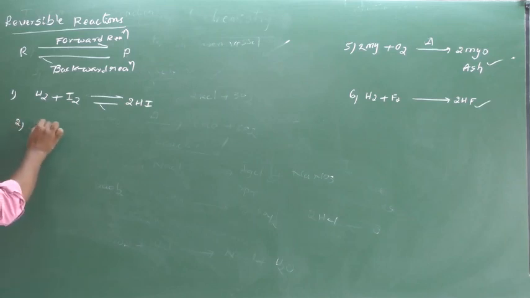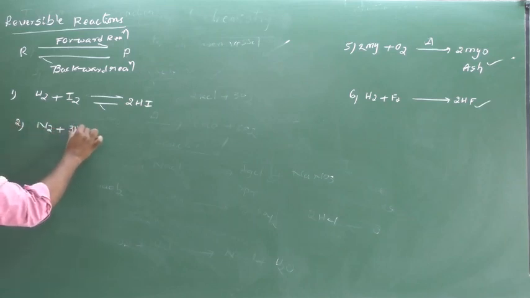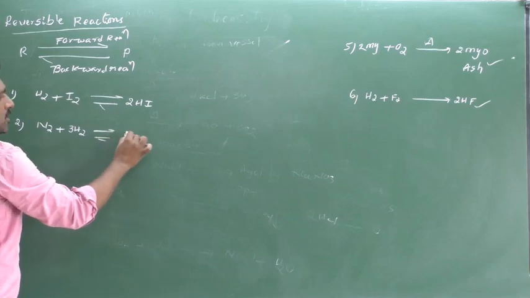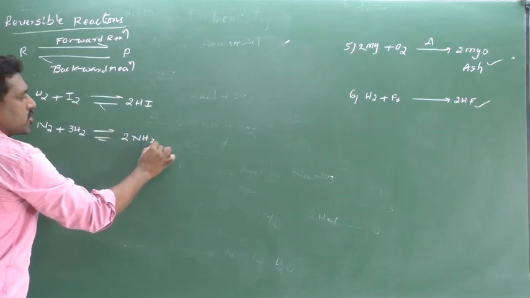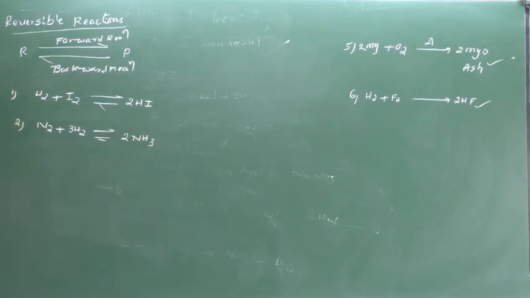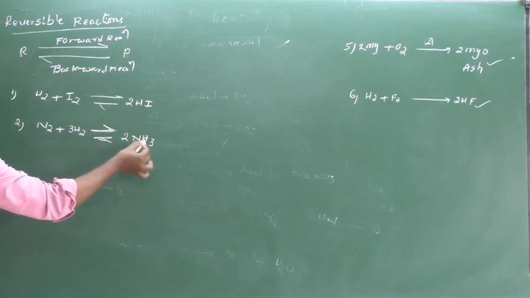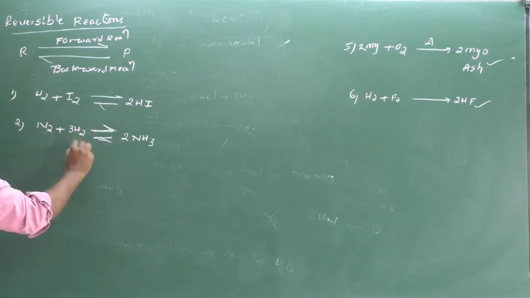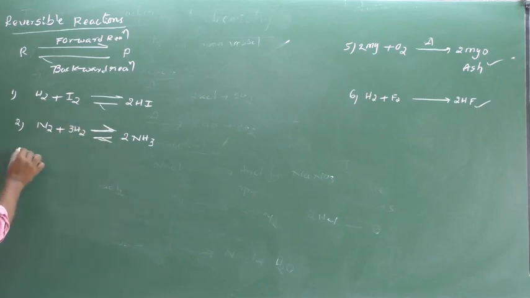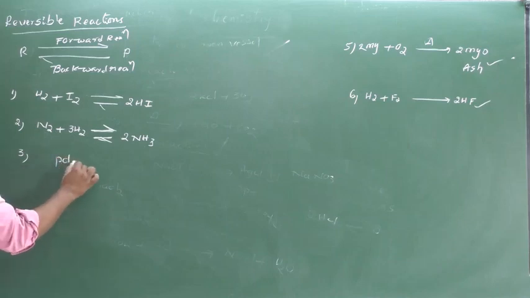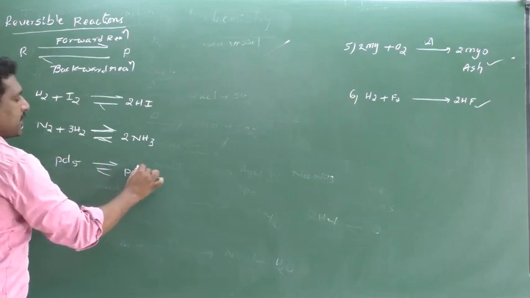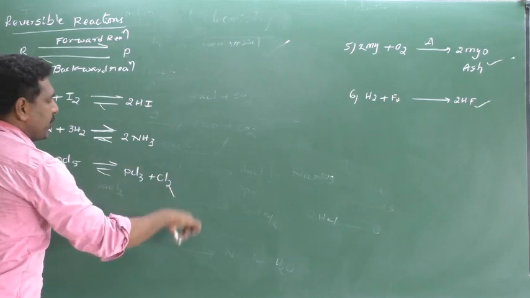One more example: N2 plus 3H2 gives rise to NH3. It is also an example of a reversible reaction. Formation of ammonia is the forward reaction. Decomposition of ammonia is considered the backward reaction. One more example: PCl5 gives rise to PCl3 plus Cl2.